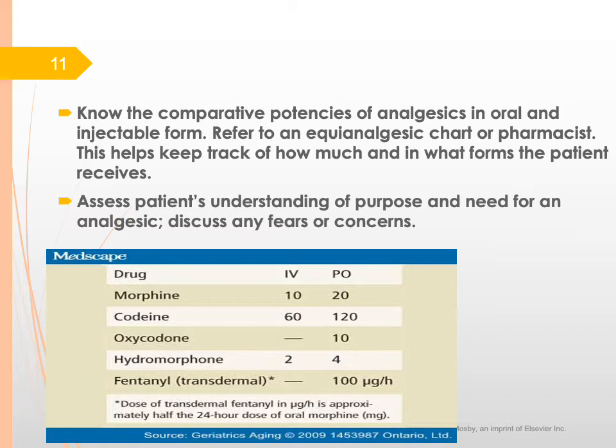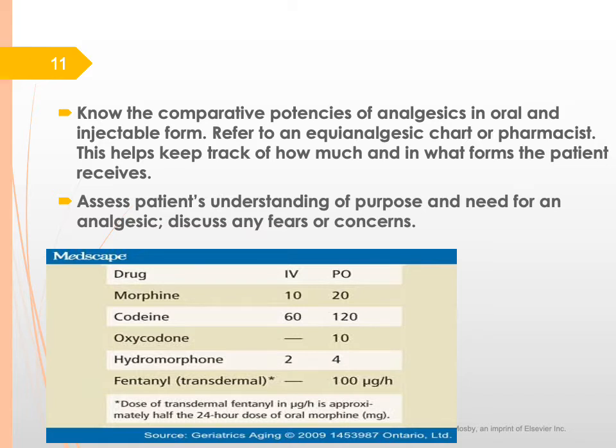Another part of safety is knowing comparative potencies for analgesics in oral and injectable form. At the bottom of the page, you'll see what is referred to as the equianalgesic chart. And basically what this chart shows is equivalent dosages among medications and equivalent dosages among routes.